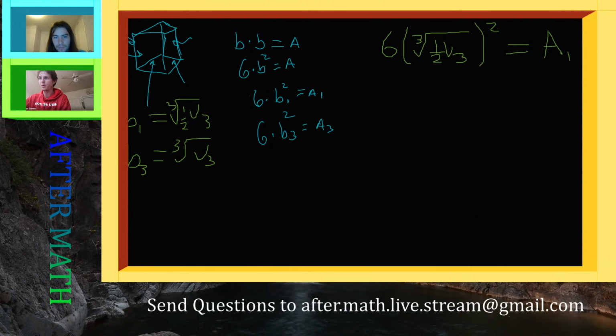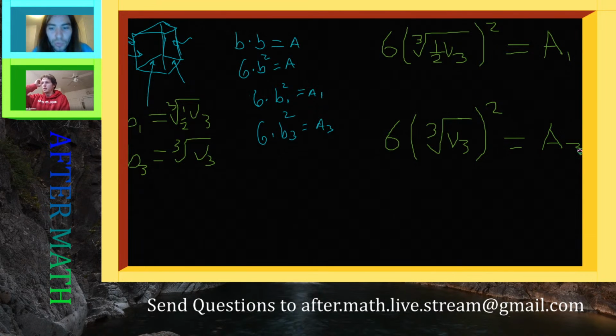Now we can do the same with cube 3. So 6 times the cubed root of volume 3, squared, and that will equal area 3. Okay, so now what I want to do is show how much more surface area we're going to need to get the same volume, right?